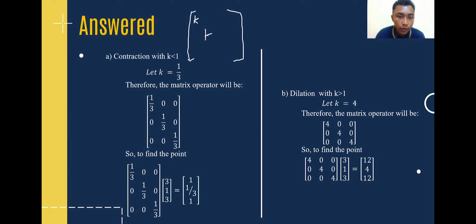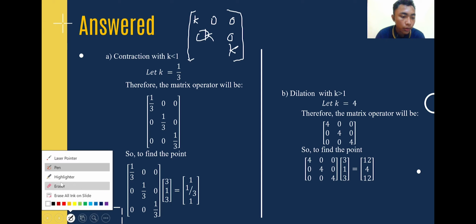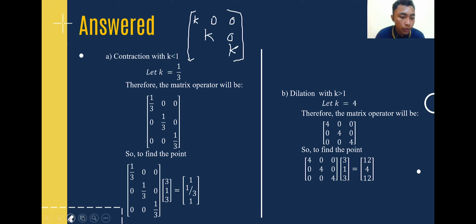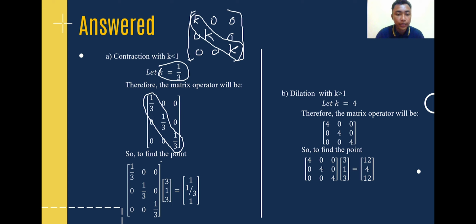k 0, 0 0, sorry, 0 0 and 0. Yeah, this is the formula. So we just need to change the value of k to the number. So like this, you can see this is the value of k. This k is 1/3.